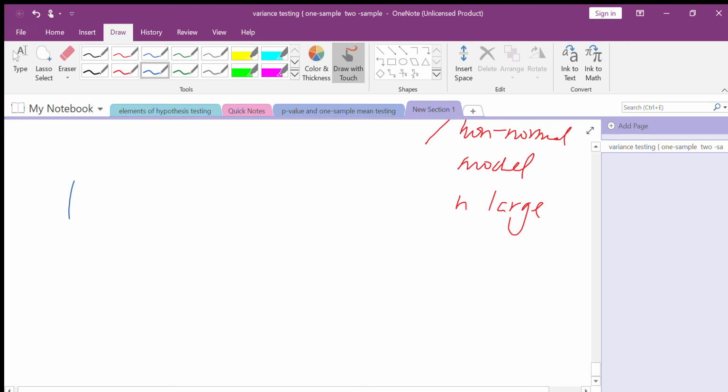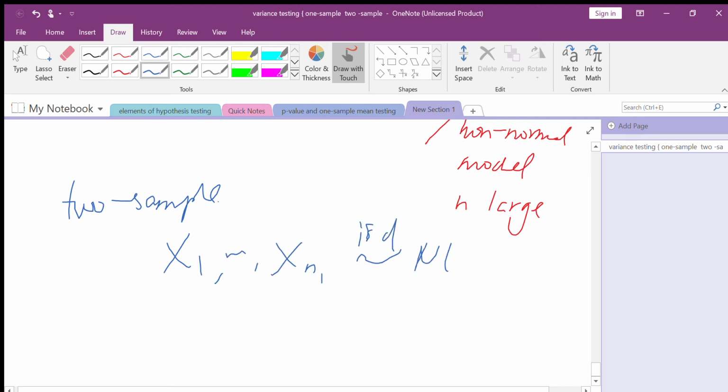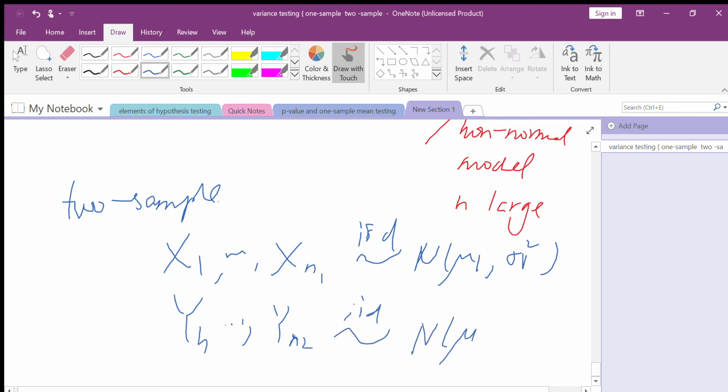It means X1 to Xn1 are IID normal mu1 sigma 1 squared, and Y1 to Yn2 are IID normal mu2 sigma 2 squared. This is called the two-sample normal model.